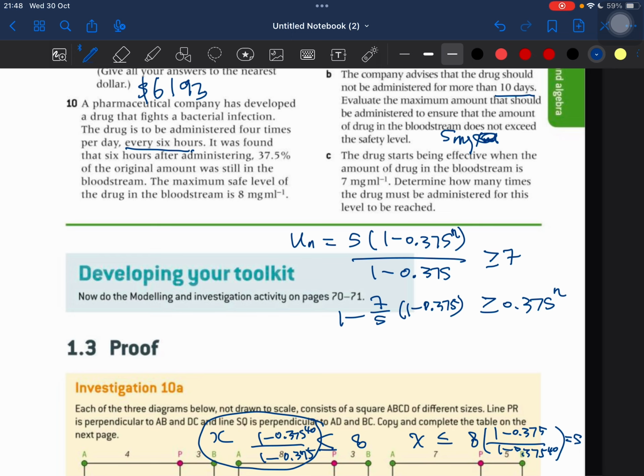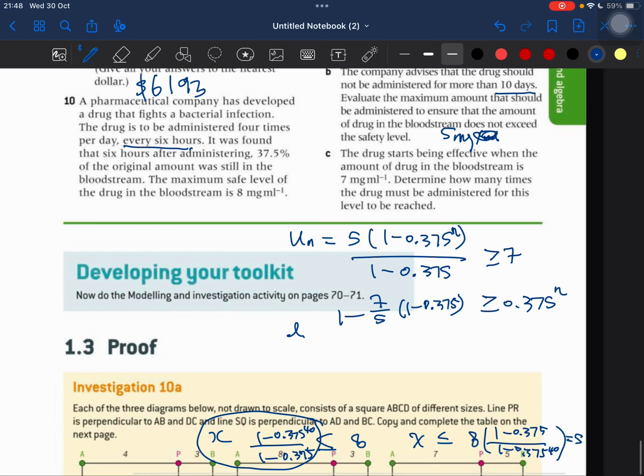So n is at least log base 0.375 of 1 minus 7 over 5 times 1 minus 0.375.